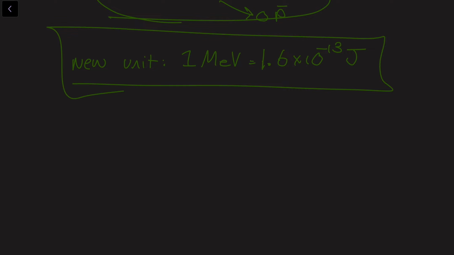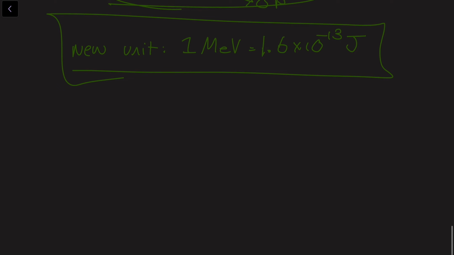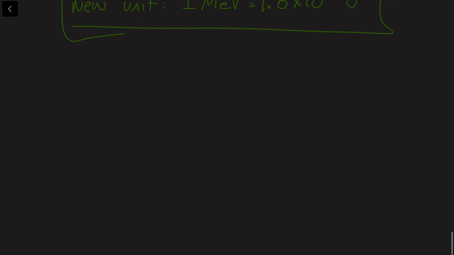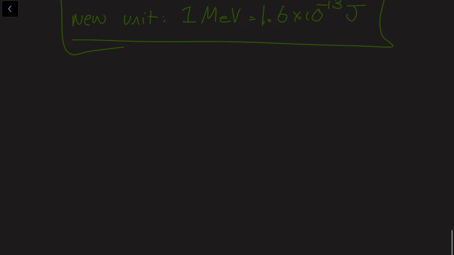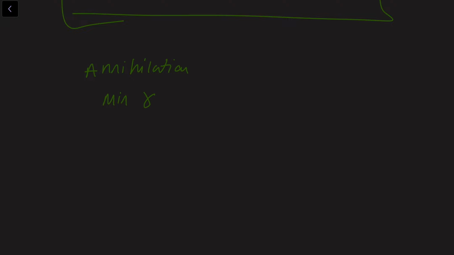We'll talk about it more in the future, but you will often be asked to put it into units of electron volts in exam questions. So we're going to look at just one more thing, so annihilation. Well, it's important to know that for annihilation, the minimum photon energy, E0, will equal hf min.